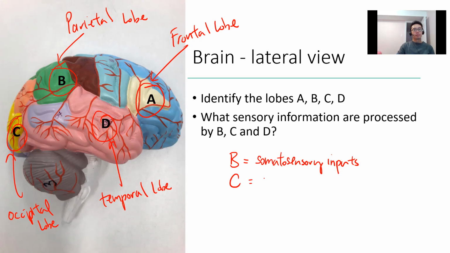Visual, that's right. And for D, the temporal lobe, we have auditory, which is sound, and olfactory, which is smell.